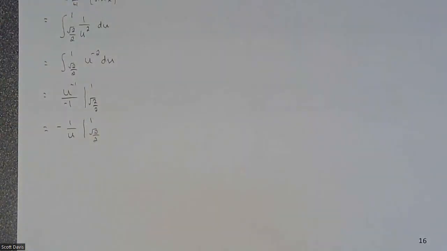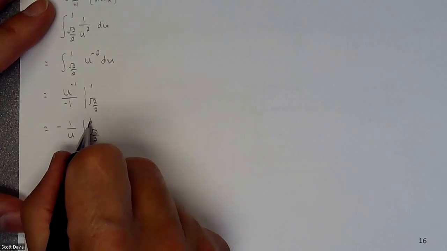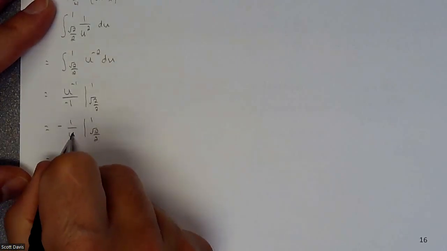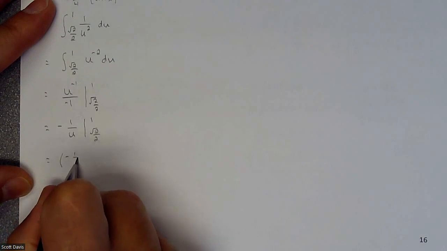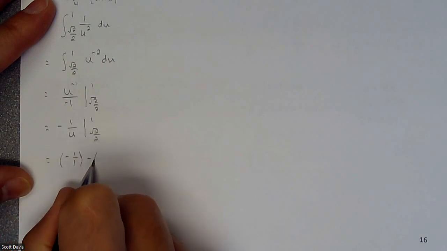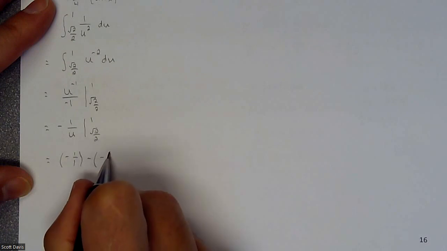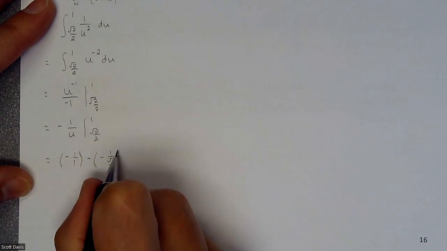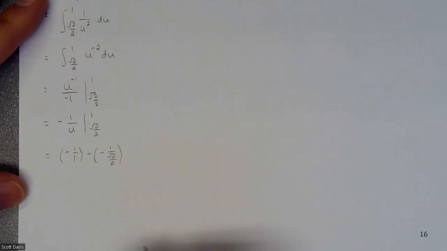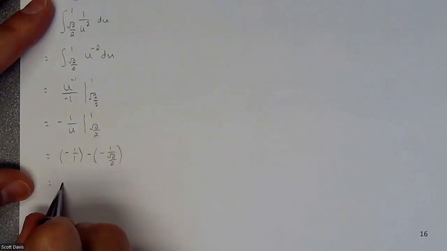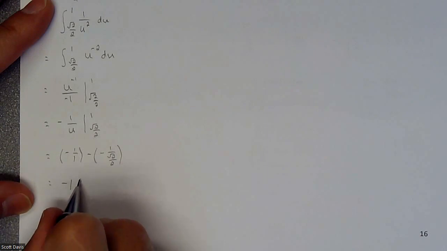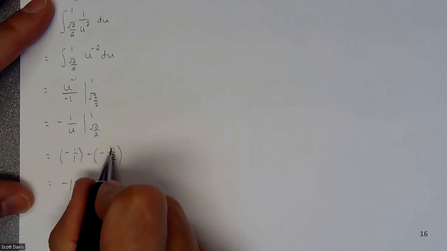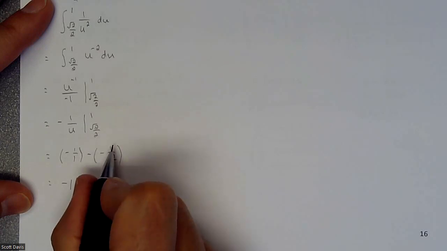All right, now we can work through the math. So if we plug in a 1 here, we'll start off with a negative 1 over 1 minus a negative 1 over root 2 over 2. Got to figure out some math on that one. And then this is going to become a negative 1 plus, instead of this, we're going to take 1 multiplied by its reciprocal.